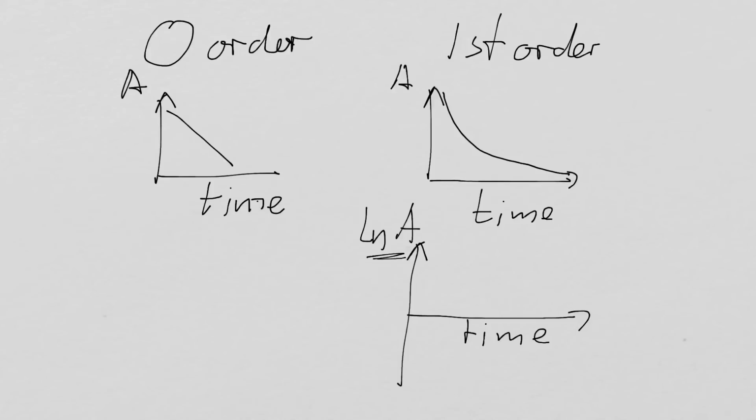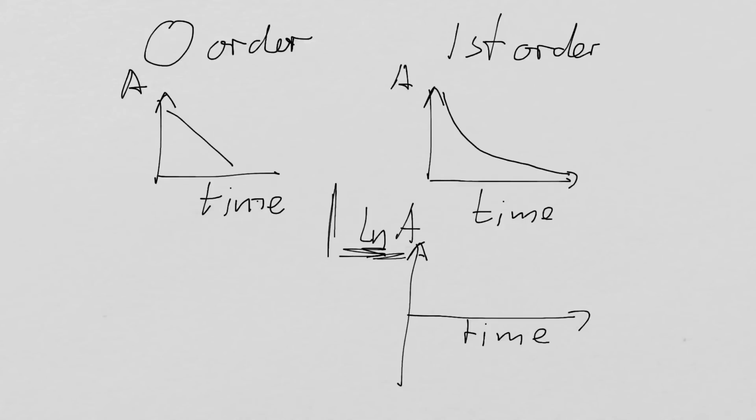Okay, I think we are back. So if I plot ln of A versus time, then I get a straight line.